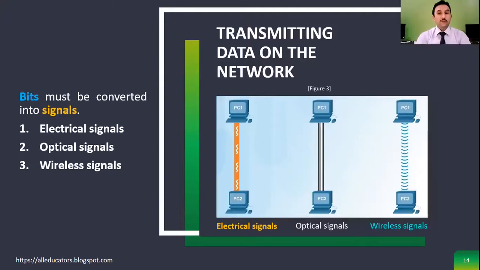In most homes and small businesses, network signals are transmitted across copper wires, as you know, cables, or Wi-Fi enabled wireless connections. And larger networks employ fiber optic cables in order to reliably carry signals for longer distances.